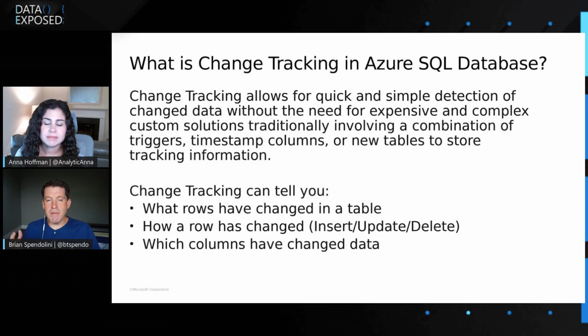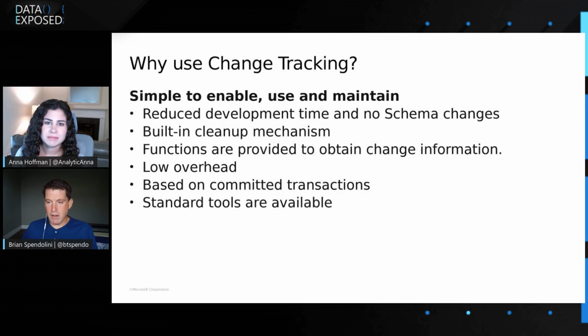All of this is built into the actual feature. So, as I said, reduced development time, and there are no schema changes. A lot of times if you're doing this yourself, you have to add columns, remove columns, things like that. You don't have to do that if you've just enabled change tracking.